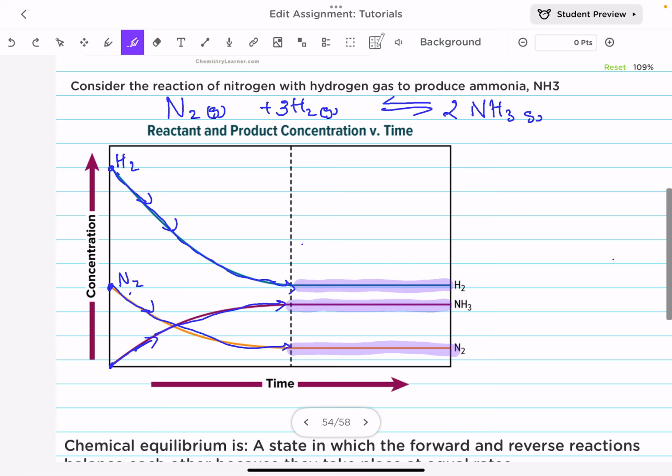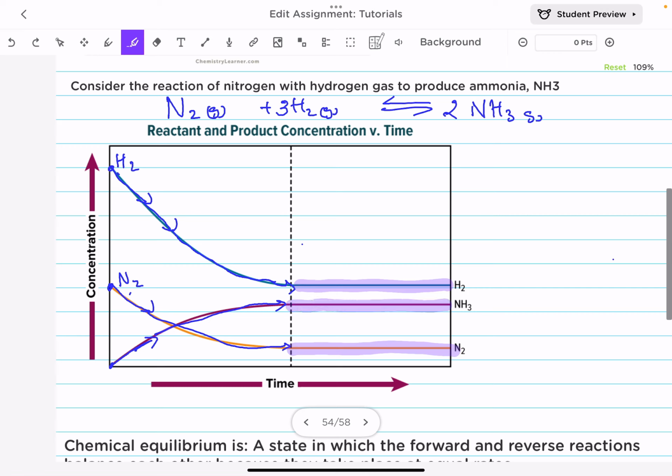At a certain point, NH3 started giving back N2 and H2 at the same rate, at the same speed at which N2 and H2 are giving NH3. And at this point, whenever we see the concentrations become constant, we know that our system reached equilibrium.